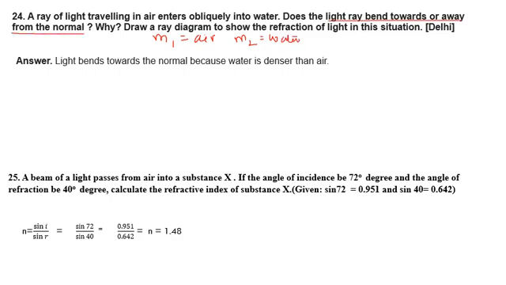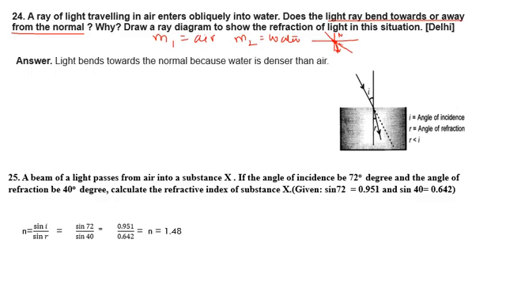When light travels from a rarer medium to a denser medium, this is my normal, the light will bend towards the normal. The original path of this light is this, but it is going to bend towards the normal. You have to draw the ray diagram for this, and this is the ray diagram.